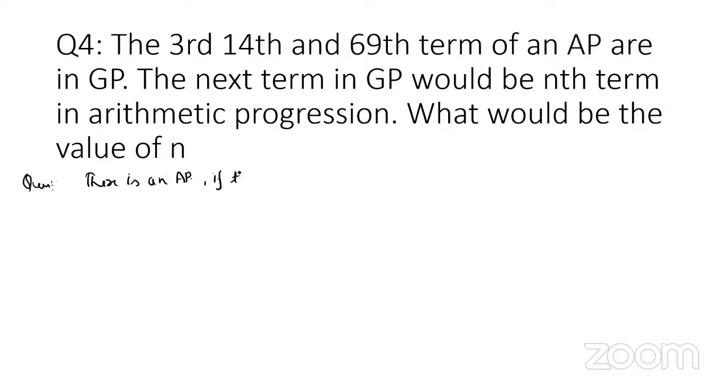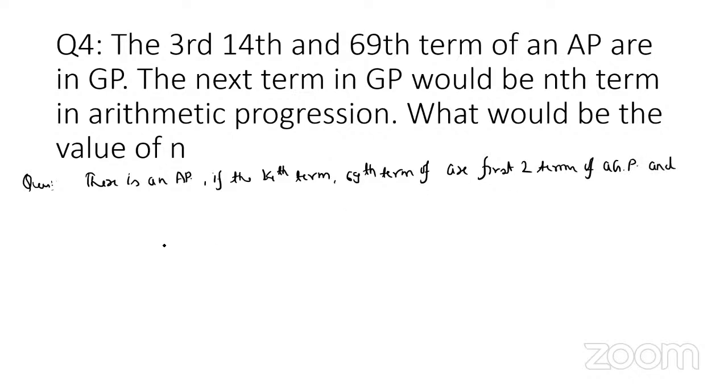If the 14th term and 69th term of the AP are the first two terms of a GP, right? These are the first two terms of a GP, and the nth term of the AP is the third term of the GP.